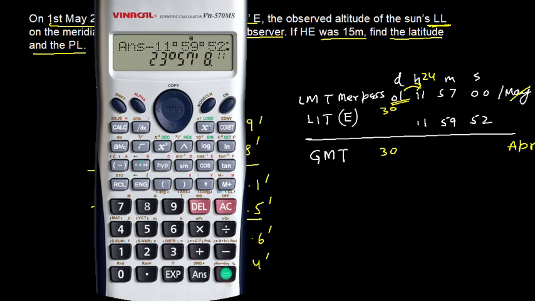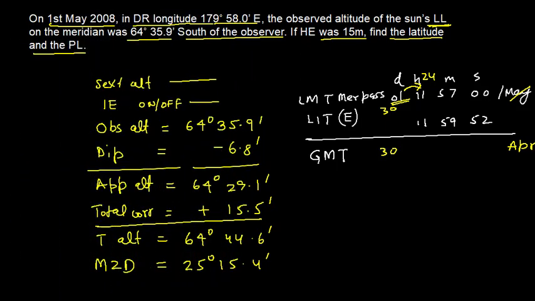So, you get the value 23 hours 57 minutes and 8 seconds. So, this is the GMT and the month is now April.